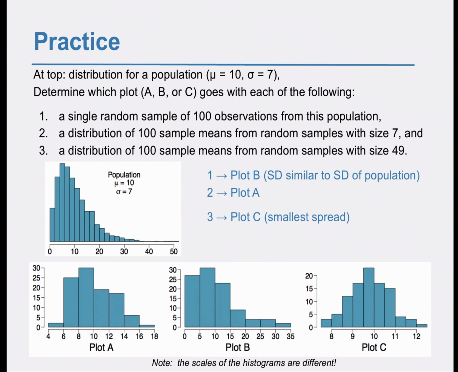Right? So a single random sample of 100 observations should have approximately the same distribution as the population. Right? So this goes from 0 to 35. This goes from 0 to, you've got a few outliers here at 50, but about 0 to 40. And you've got the same skew where it's pretty strongly skewed right.